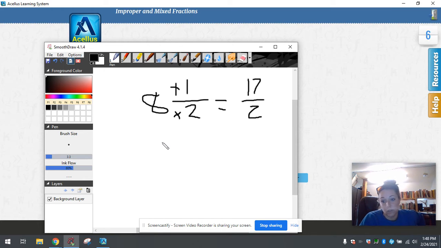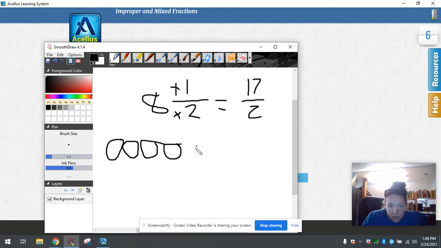I am going to draw this one. So here's what I've got to do. I'm going to draw 8 and then 9 circles, so let's use the pizza example. 8 1/2 pizzas is just a little more than 8 pizzas, so I'm going to draw 9 circles total. 1, 2, 3, 4, 5, 6, 7, 8, 9.